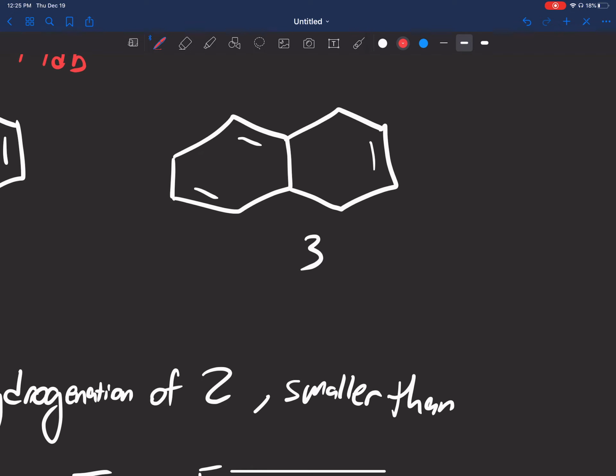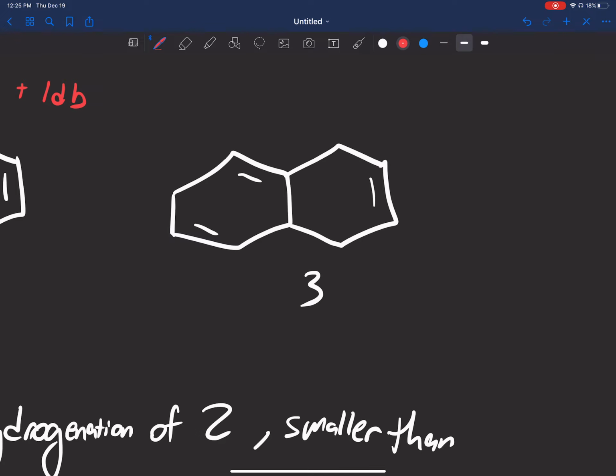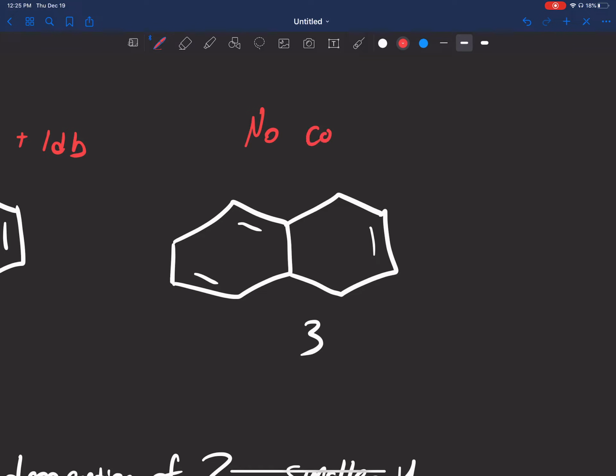In this one, we still have that one isolated double bond, and the same for these two: they're not conjugated either. I can't somehow resonate this one here because it has a full octet, and there are two hydrogens here. The same goes if I try to do it that way. It's not going to work. So we have no conjugated system here, no conjugation.